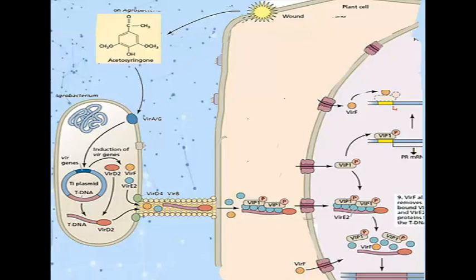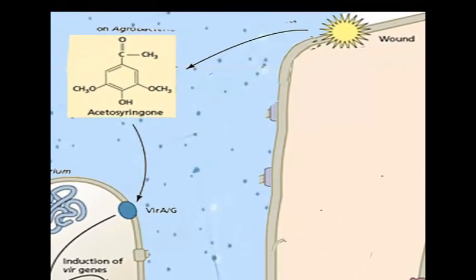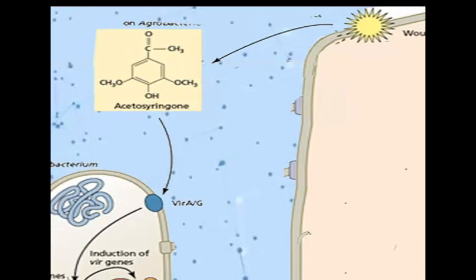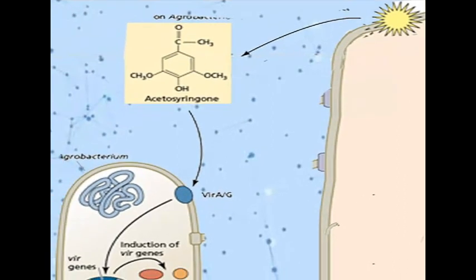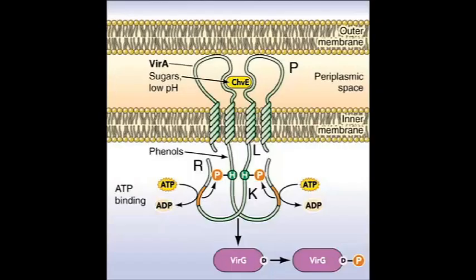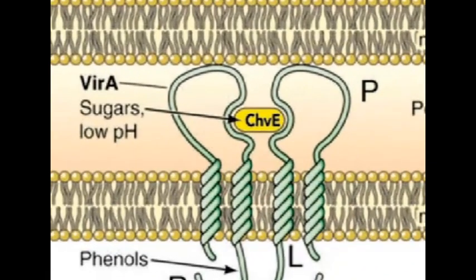Now coming to the main part, mechanism of infection by Agrobacterium tumefaciens. The wounded plant cells release signaling molecules like acetosyringone and alpha-hydroxyacetosyringone. These signal molecules are recognized by the dimeric transmembrane receptor complex, virulence A and chromosomal virulence E, that is the Vir-A/ChvE receptor complex.